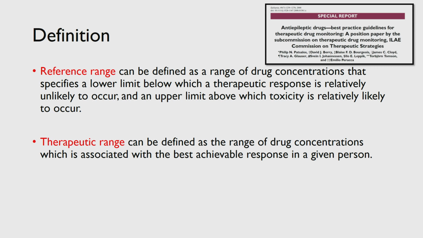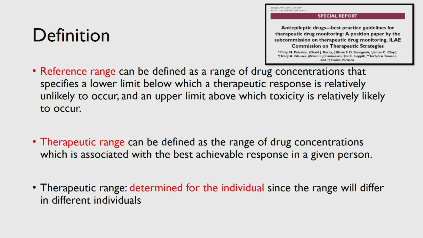And the therapeutic range is defined as a range of drug concentration which is associated with the best achievable response in a given person. So this is an individual-based therapeutic response. So the therapeutic range would be determined for an individual since the range differs between individuals. So what the guideline states is to devise an individual therapeutic concentration for each drug and a population-wise reference range for each drug.